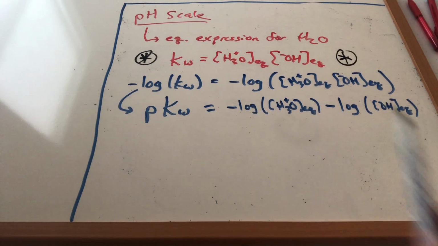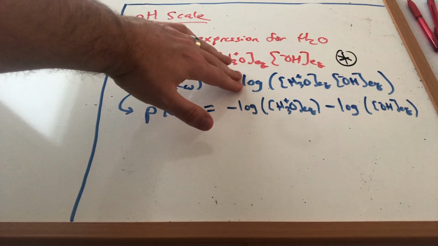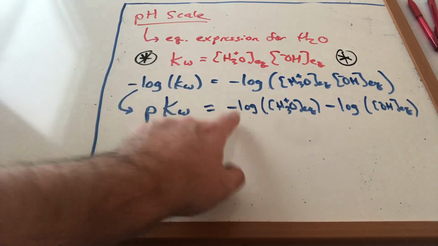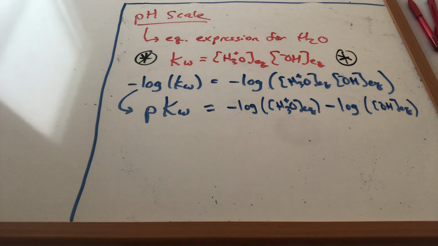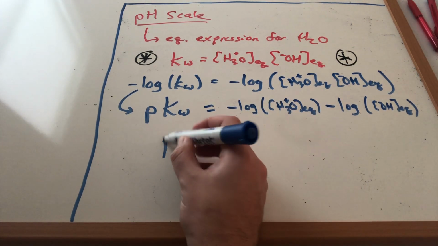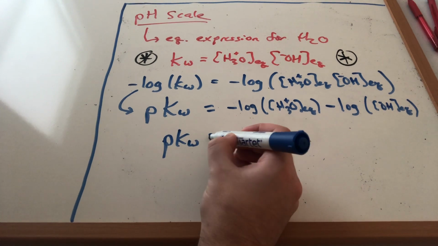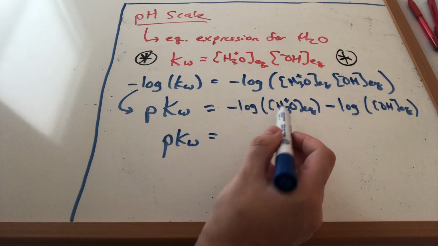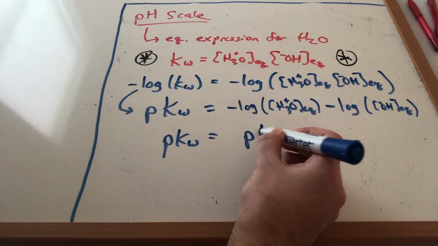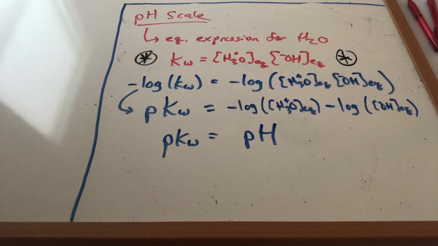You may ask, why is it a sum? The negative sign multiplies everything, so you distribute it to each part. Now we see that on this side we maintain our pKw. This is the negative log of H3O plus, and this becomes a very important thing for us. We're going to call that pH.